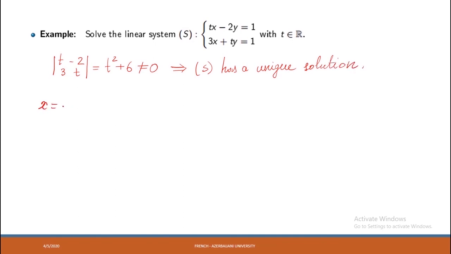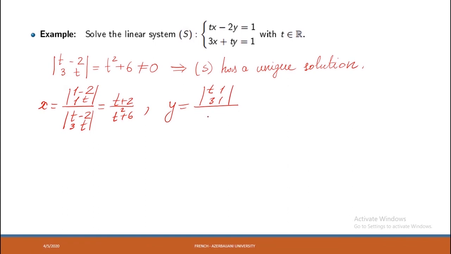x will be the determinant of 1, minus 2, 1, t, divided by the determinant of t, minus 2, 3, t, which is equal to t plus 2 over t squared plus 6. y will be the determinant of t, 1, 3, 1 divided by the determinant of t, minus 2, 3, t, which is t minus 3 over t squared plus 6.